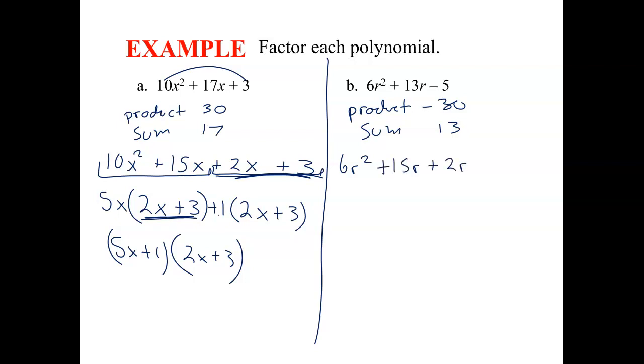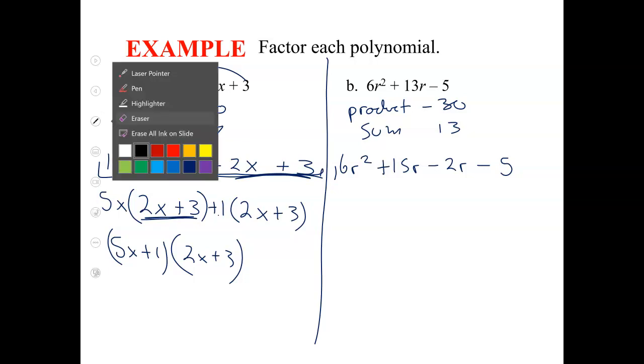No, positive 15 and negative 2. So again, depending on the order that you put them, it may adjust your factoring. Wait, isn't 2 supposed to be negative? It is. You're right. Thank you.